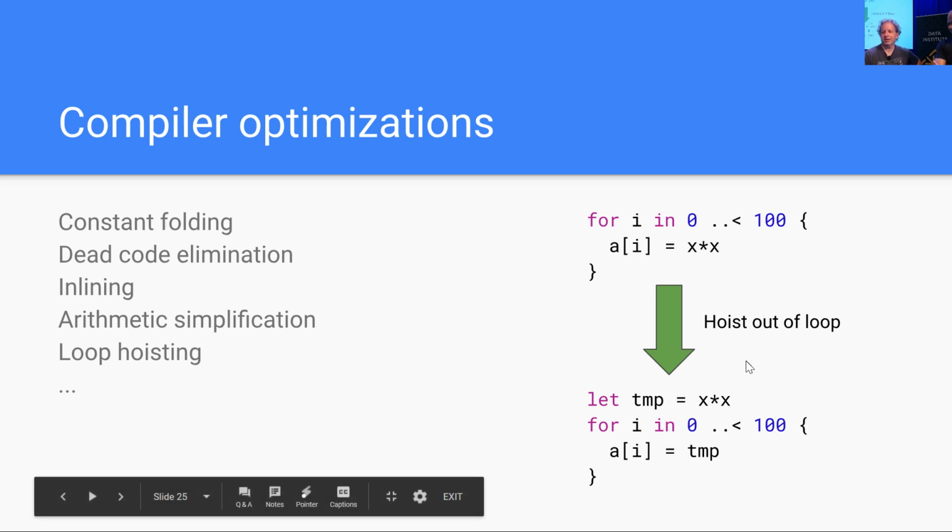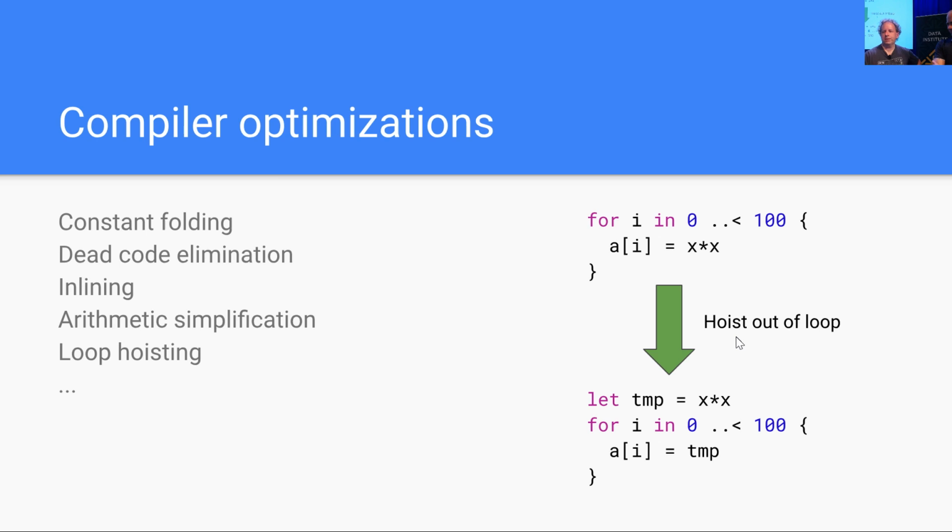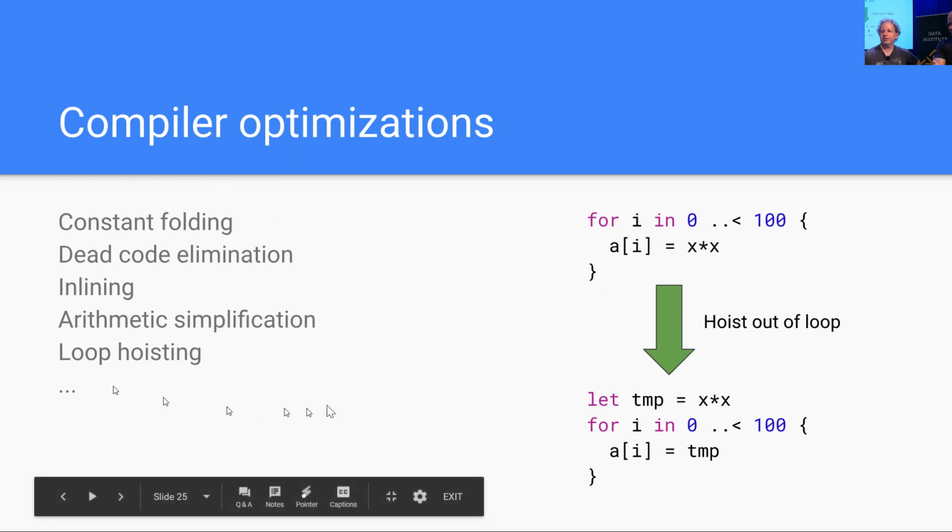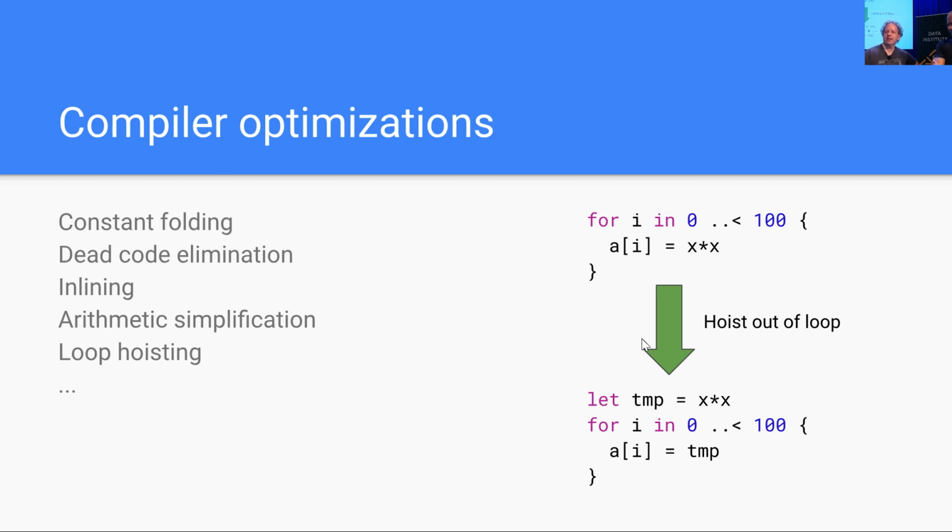But actually, working with Swift, and particularly with Swift for TensorFlow, has made me realize that these optimizations actually allow us to write code in different ways and actually be much more lazy about how we write code. And this is as you think about a point in the space between the human and the computer.